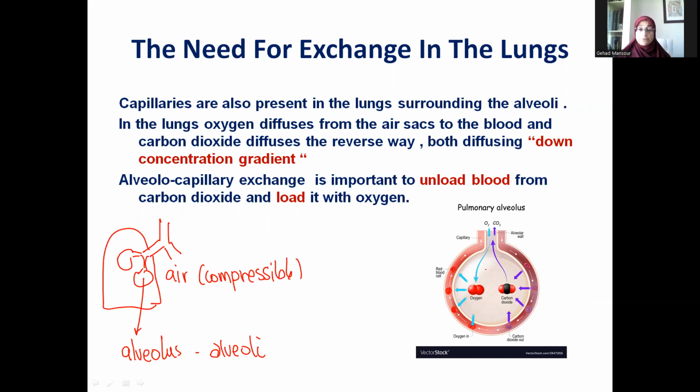Those air sacs are full of air all the time, so when you inhale, they are expanded, and when you exhale, they diminish in size, but they still have some air even upon the strongest exhalation.